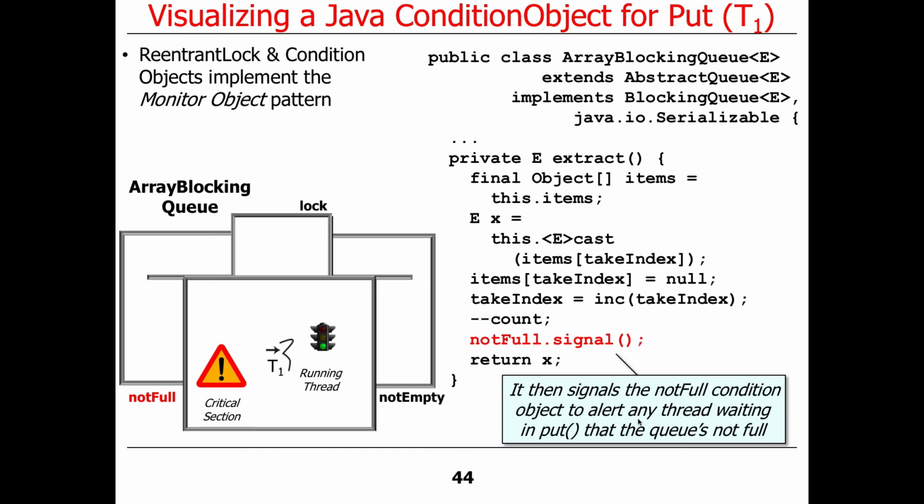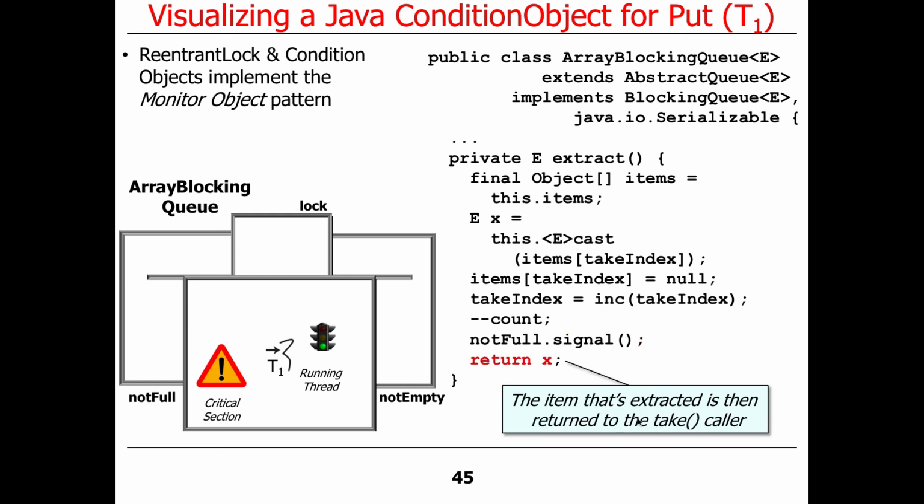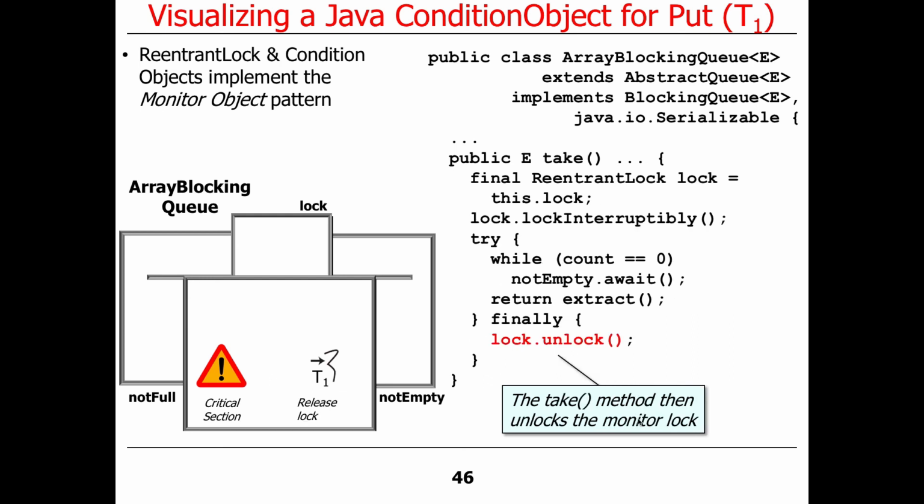And then the last thing it does is it signals the not full condition, saying, hey, if anybody was waiting for this queue not to be full, I just took something out of it. So you might want to wake up and see if you can put something into it. And then it goes ahead and returns the item that was extracted.